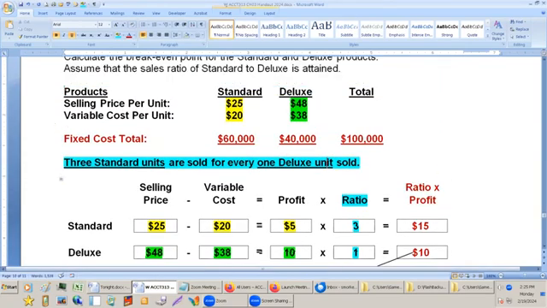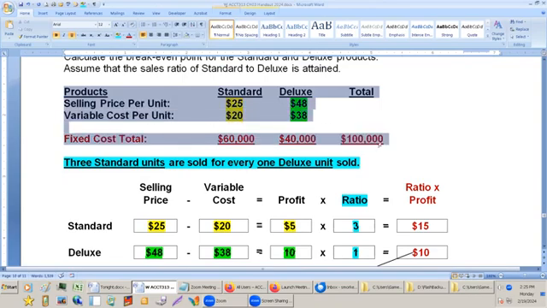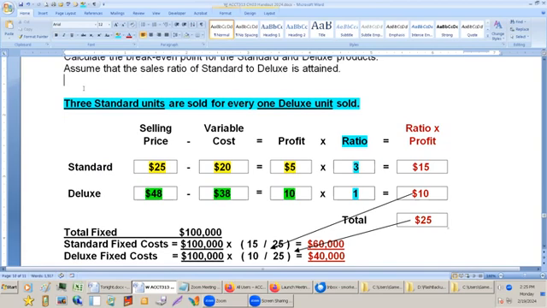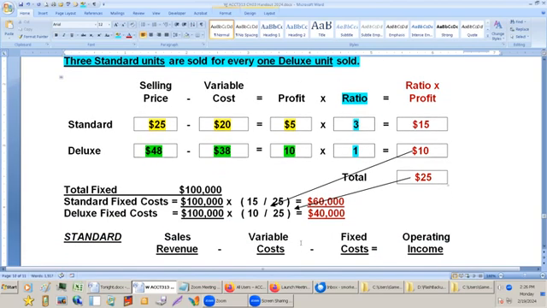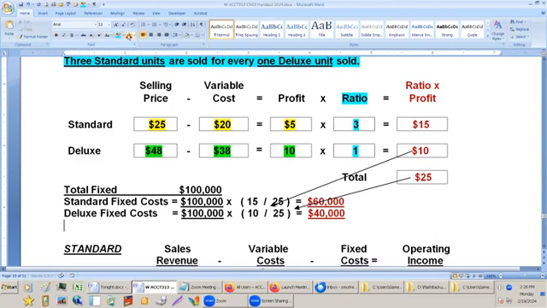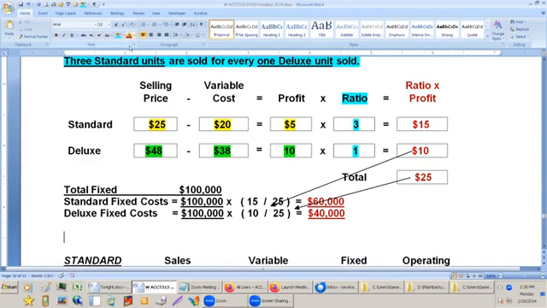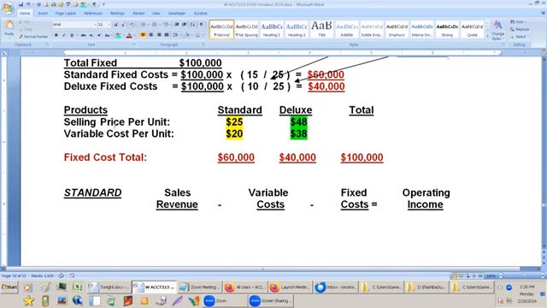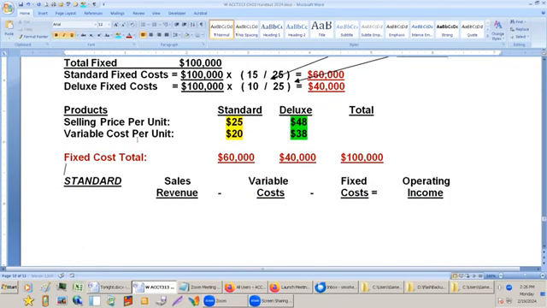And I think I'm going to copy this down below so that we just have it a little closer to the action.